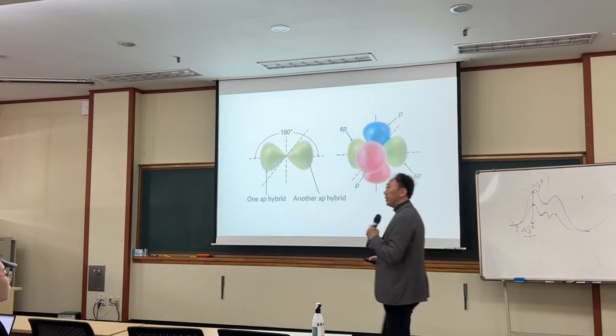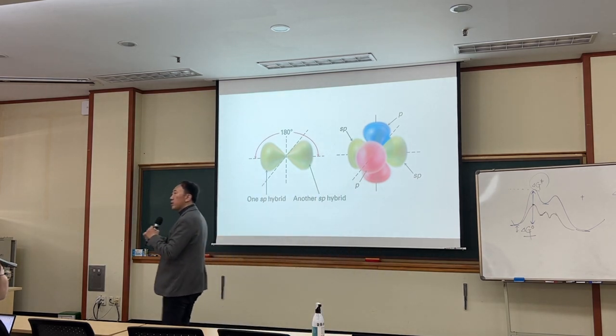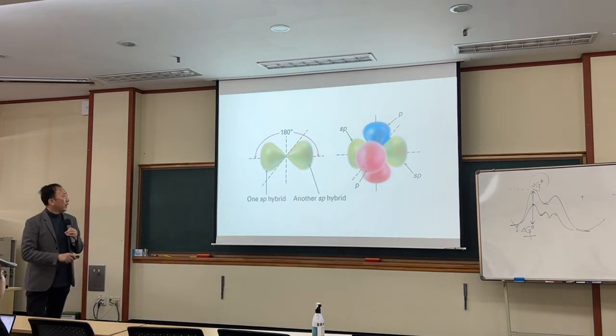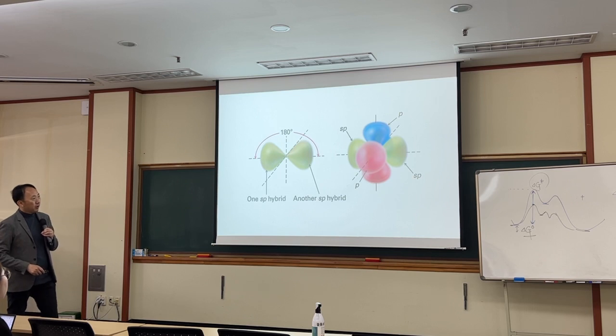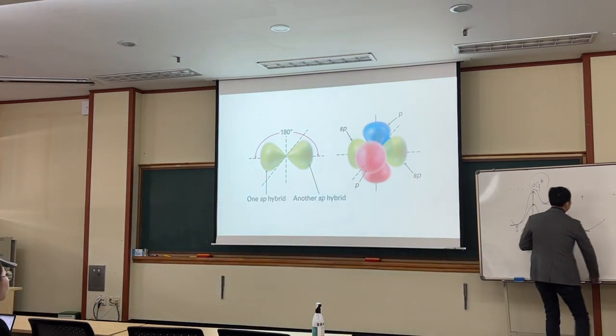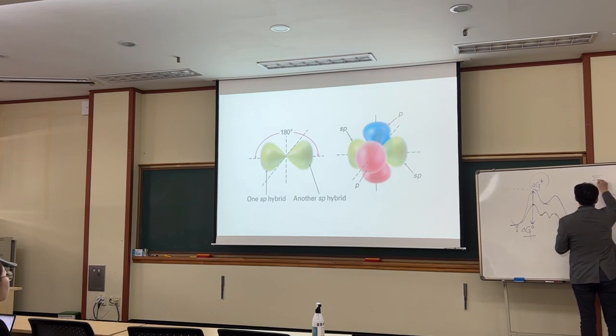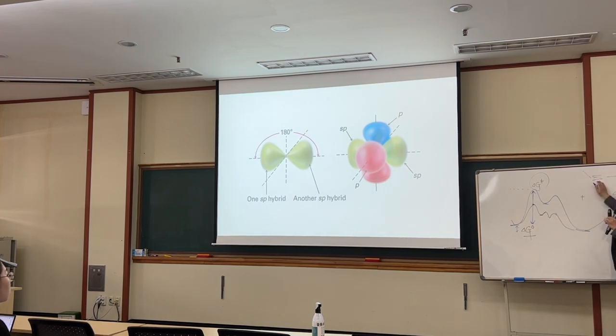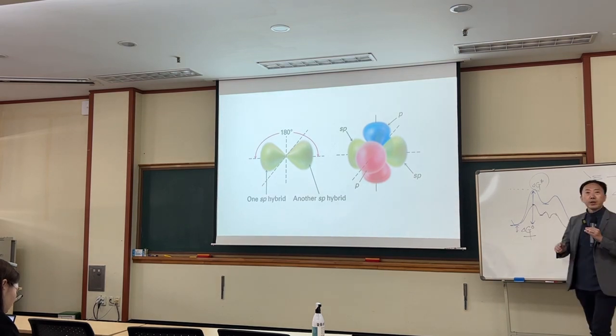In this case, it's only one direction, so this is one dimensional, 180 degree. That's why if you draw a triple bond not bent like this, it is a highly strained, highly stressed form. It should be 180 degree like this. So that was the triple bond.